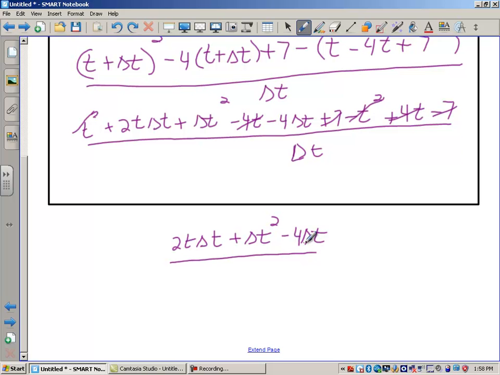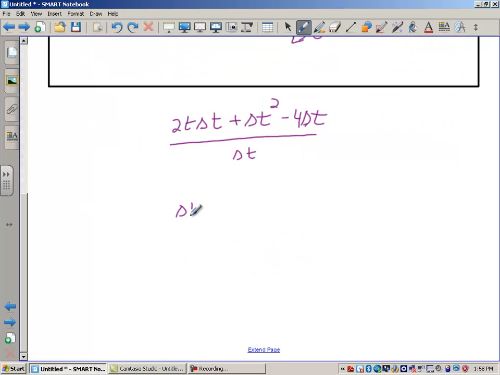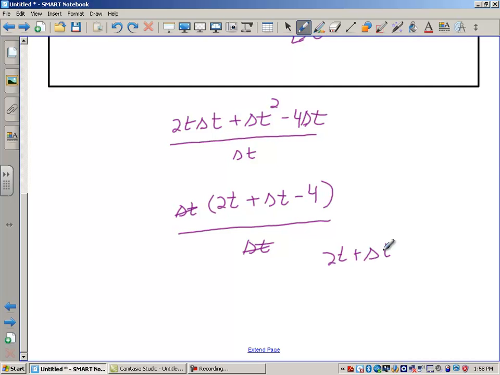So it looks like we've got something that we can cancel here. Let's factor a delta t out of the top. So that would be 2t plus delta t minus 4 over delta t. Those cancel, and we have our answer. This is the average rate of change for that function over the interval t to t plus delta t.